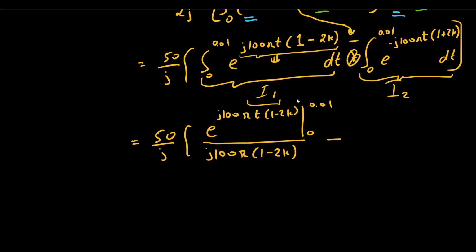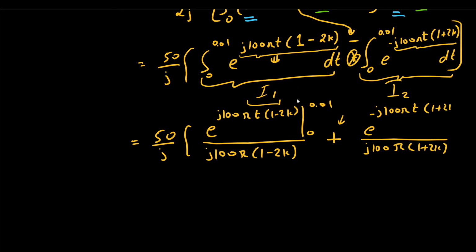Similarly for I2 we have this function now appearing in the denominator, that is you would have a minus j, so this minus and this minus would become plus, so you would have j 100 times (1 plus 2k), and in the numerator you would have e to the minus j 100 pi t (1 plus 2k).